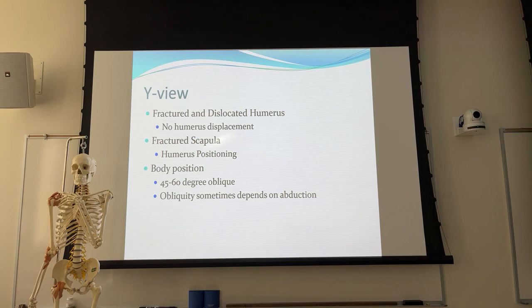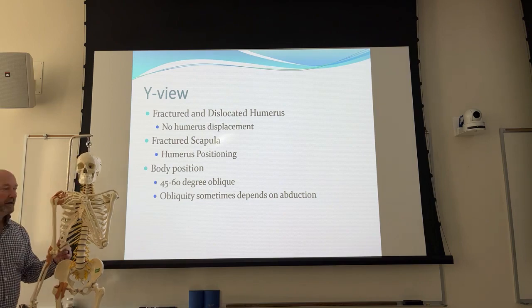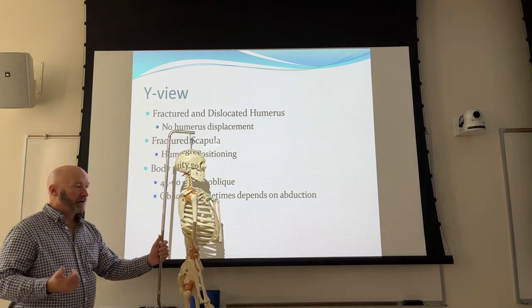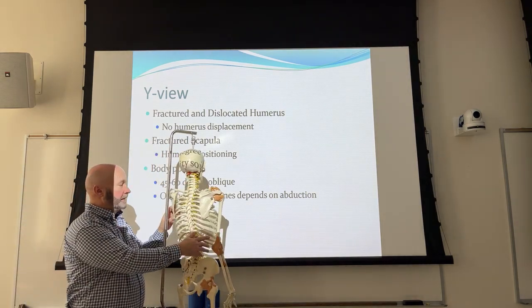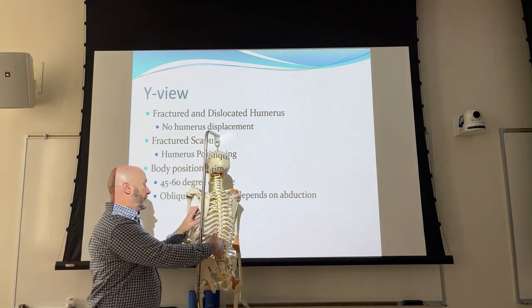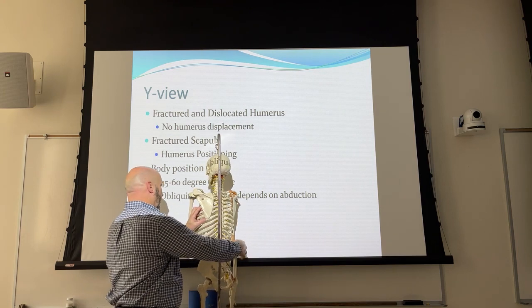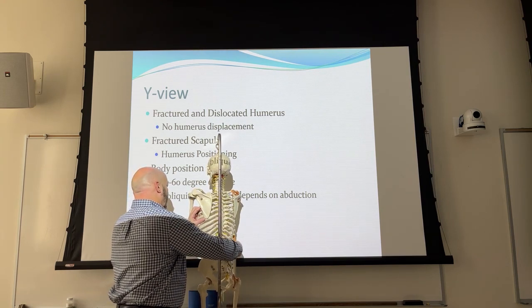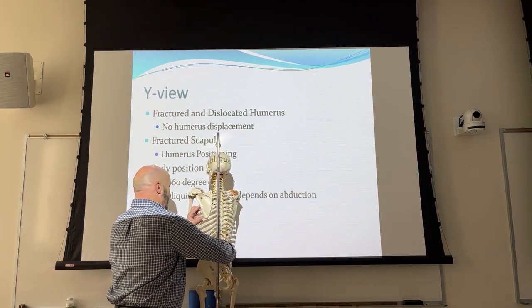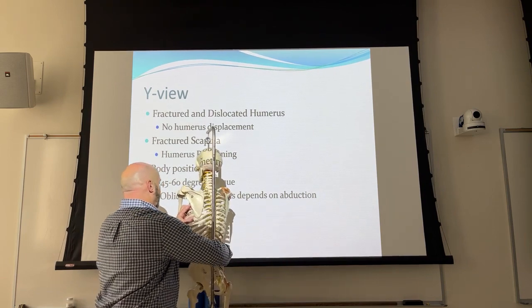So if you've got a patient with suspected shoulder dislocation or broken proximal humerus, then you're just going to leave the humerus where it is, right? So that you can see the humerus superimposed on the scapula. But if you've got a broken scapula, just get the arm out of the way so that you can see the scapula as much as you can.